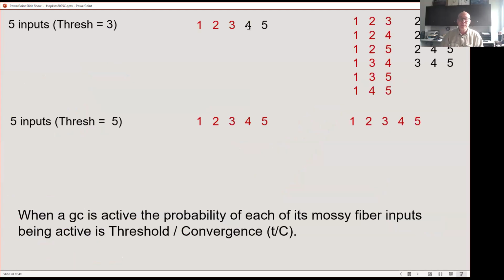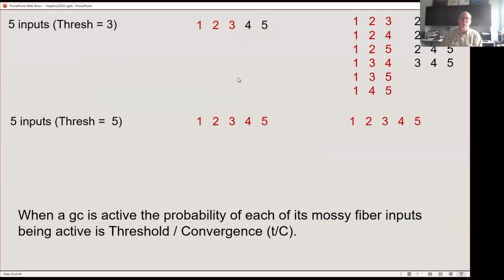Okay, so here's my attempt at the really intuitive explanation of this. If we think about a granule cell that has input from 5 mossy fibers, I've labeled them 1 through 5, and we imagine that it has a threshold of about 3. In other words, 3 of these 5 have to be active. We did a whole bunch of math. It was kind of complicated to make things really gentle.